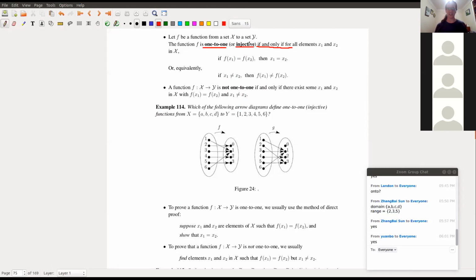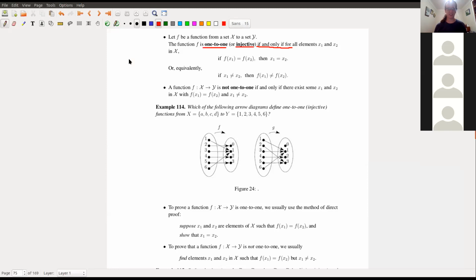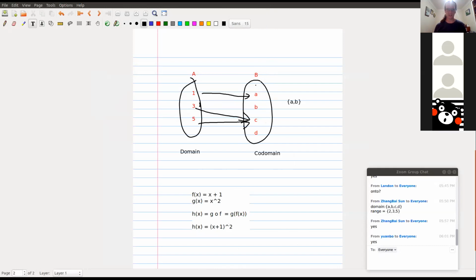Again, the definition of a function was that everything in one set had to map to something in the other set. This example is not one-to-one because 5 and 3 are both going over to C. If I want to make this one-to-one, everything here has to map to a unique element on the other side.